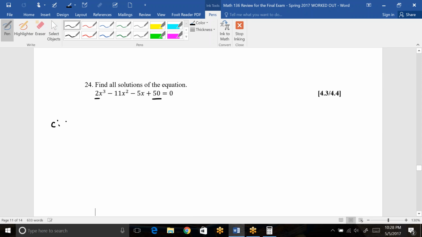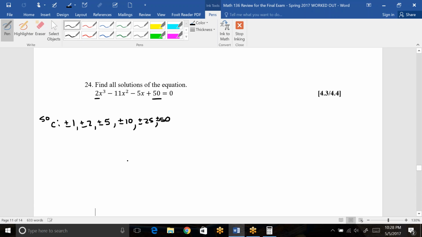So our C's are plus or minus 1, plus or minus 2. 3 doesn't go evenly, 4 doesn't go evenly, 5 does go evenly, 5 and 10, 2 and 25, and 1 and 50.